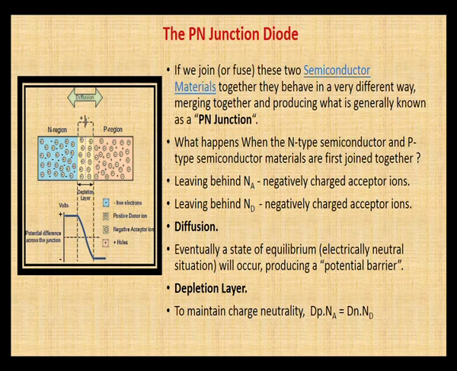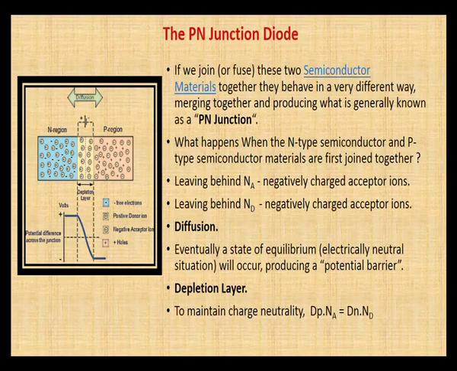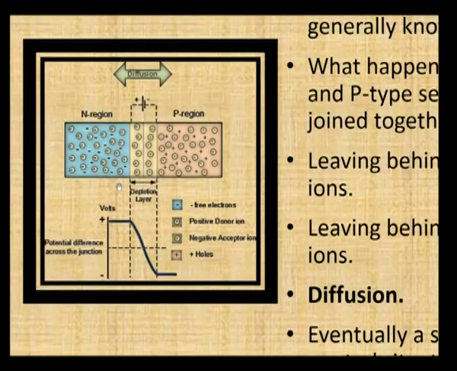What happens when the n-type semiconductor and p-type semiconductor materials are first joined together? When we first join them, there will be conduction of negatively charged acceptor ions in the n region. In the n region, as we know, the electrons are the majority carriers, and holes are present but in very small numbers.